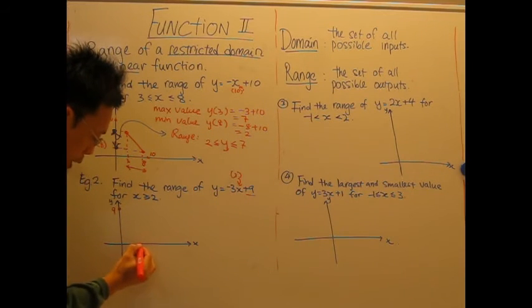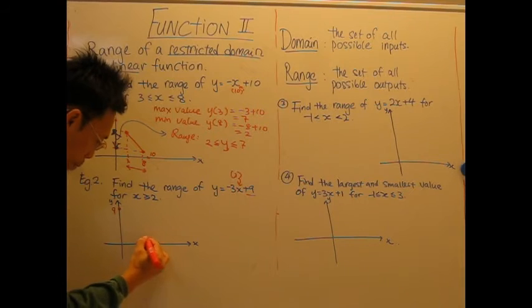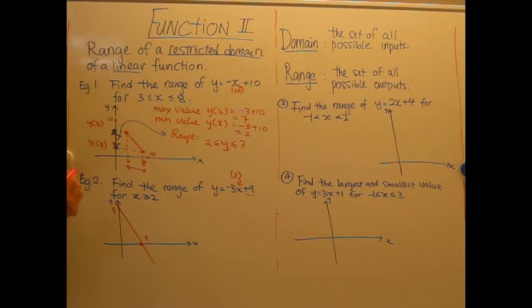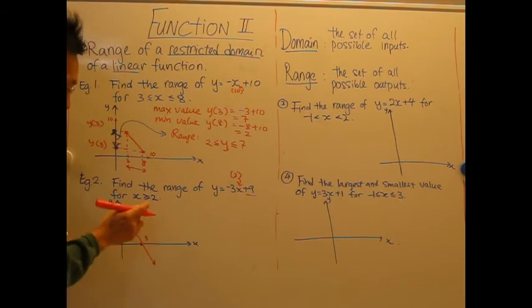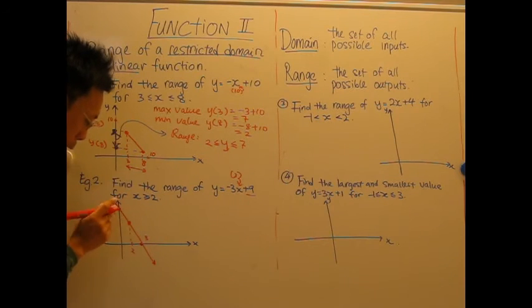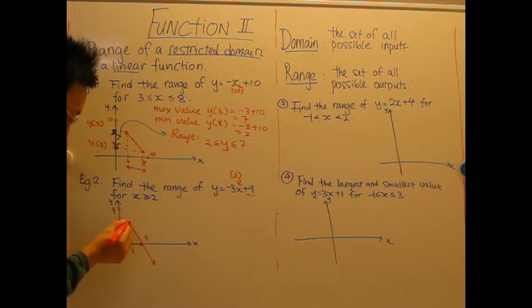So I need a 3 here. This is my graph. If there is no restriction, it's again a downward sloping graph. But we have a restriction: x must be larger than or equal to 2. So 2 is somewhere around here. So up, and these are all not needed. This is y of 2.